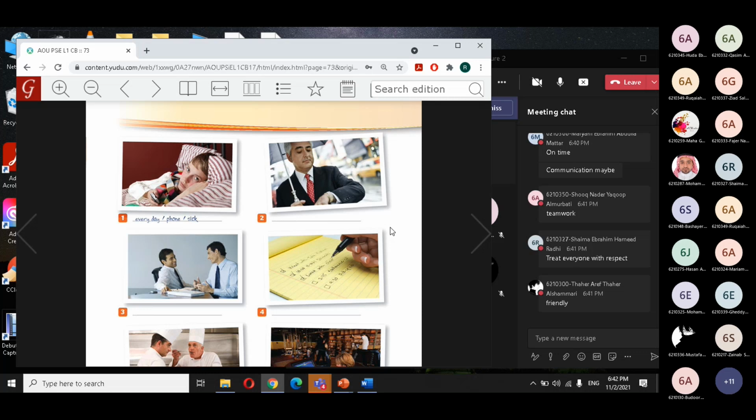Number four, what do you think? It is not clear. Make a goal. Writing notes. He's right, taking notes. If you take notes, this means that you are accurate. Mustafa, writing a list of things to do, okay.